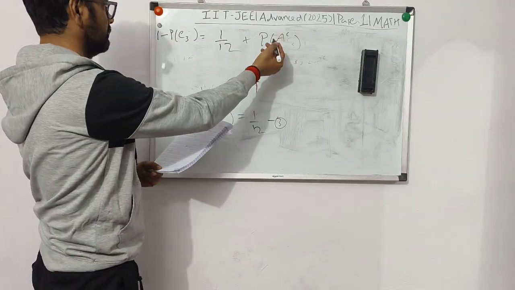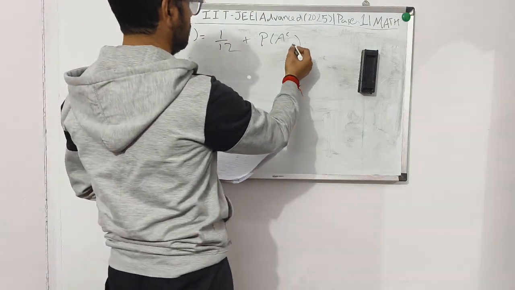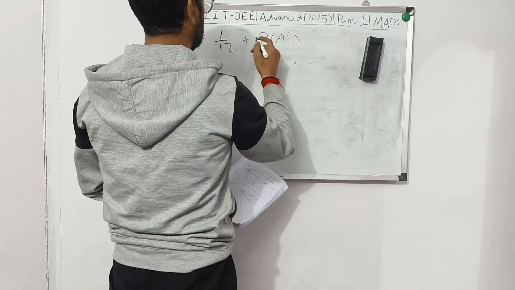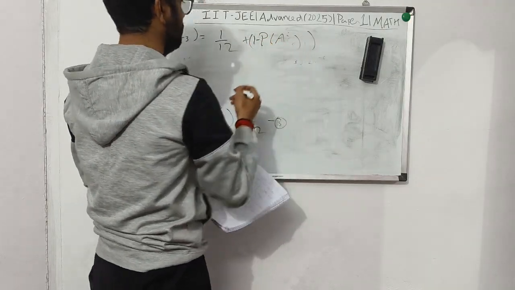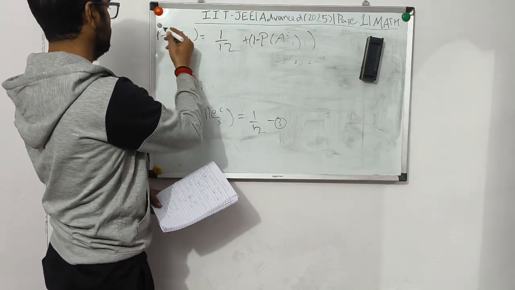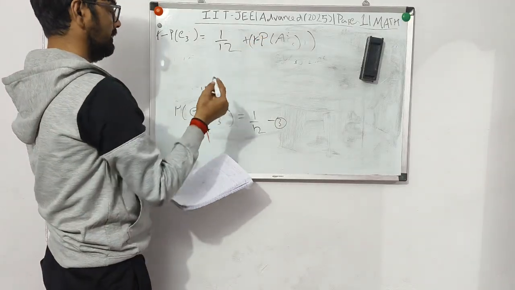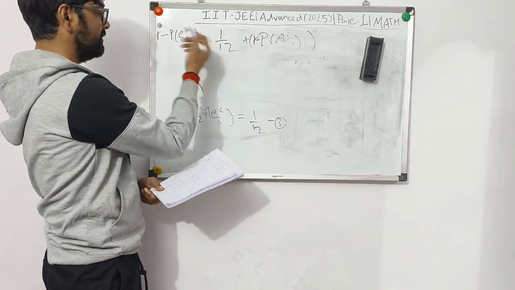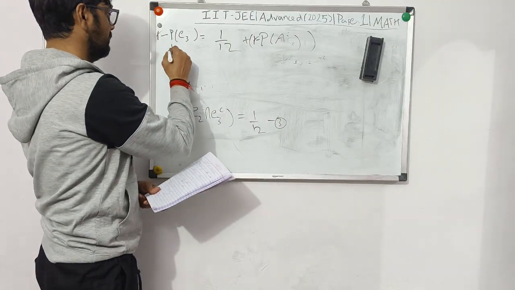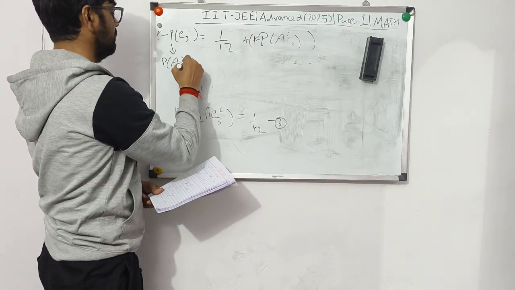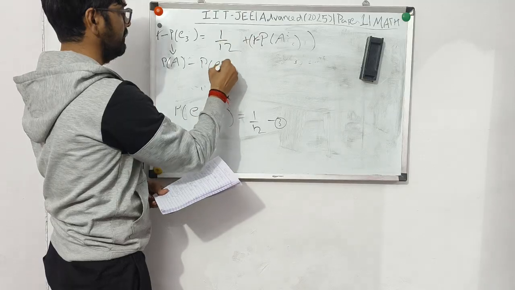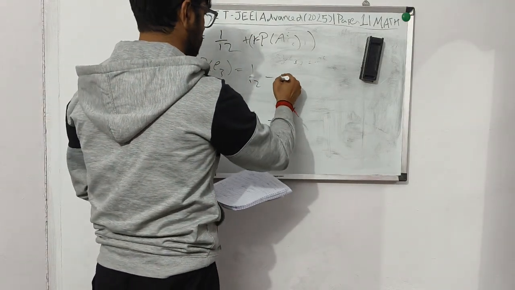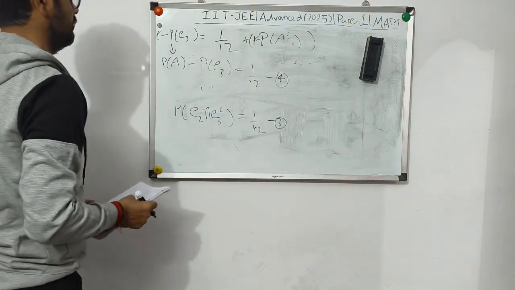And we will rewrite this P(A complement) as 1 minus P of A. Okay, this 1 gets cancelled, and we take the probabilities to one side, and we get P of A minus P of E3 equals 1/12. This is our equation 4. Okay.